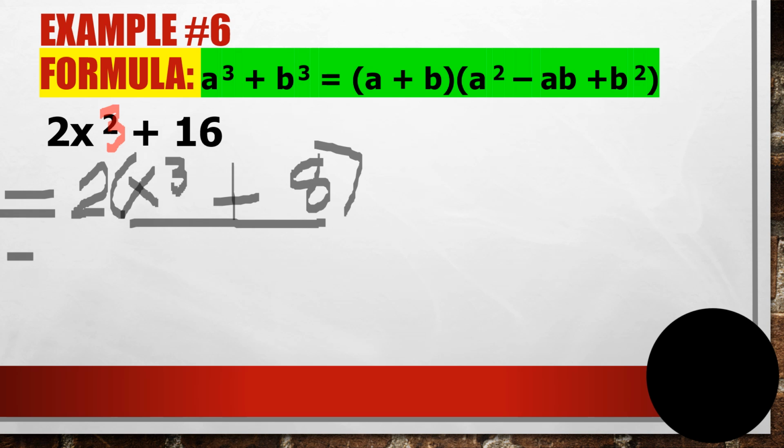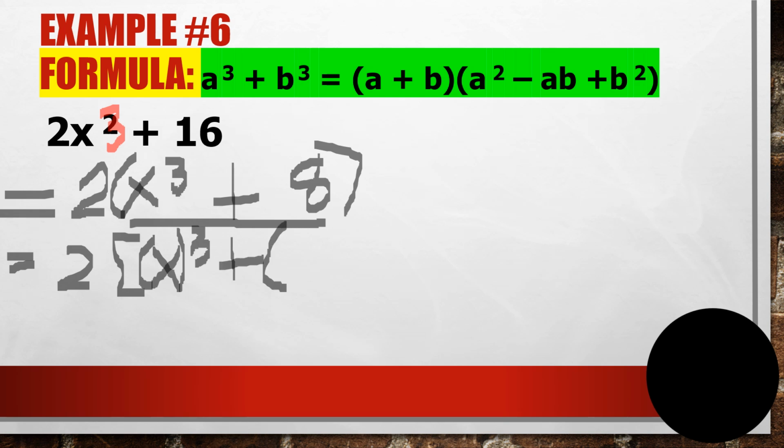Okay, equals, copy the GCF, which is 2, bracket, open parenthesis. If you have x cubed, its cube root is x, and then raised to the power of 3 plus the cube root of 8 is 2, and then close, raised to the power of 3, and then close.